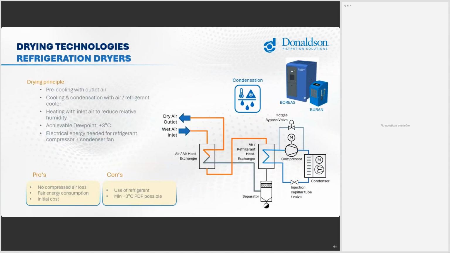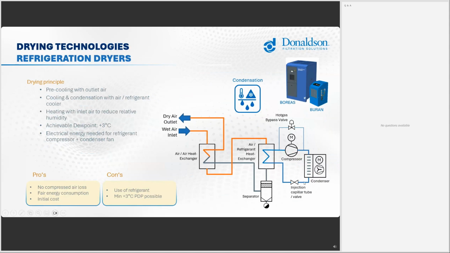Okay, looking at the drying technologies, starting with the refrigeration dryers, how do they work? The general principle is based on condensation technology. We have two heat exchangers in here, while the wet air comes into the first heat exchanger, then passes into the second one.